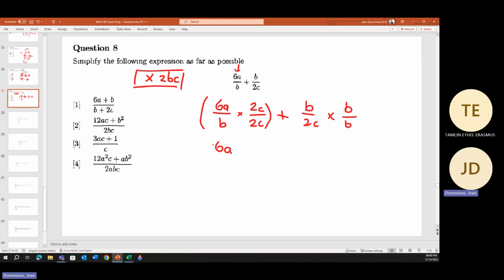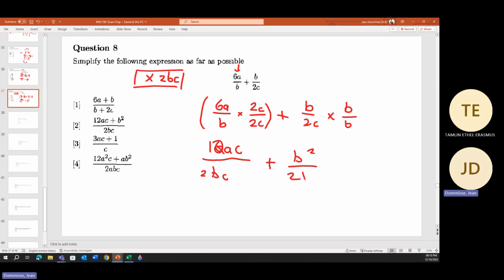So on this one, we sit with 6a times 2c. So let's make it 12ac divided by 2bc. And on this side, we sit with b squared over 2bc. Okay, and then we can say 12ac plus b squared over 2bc.